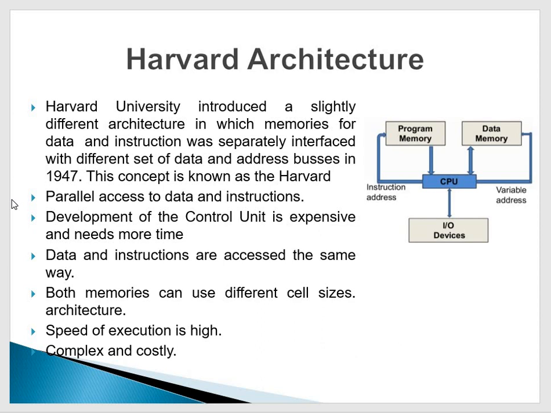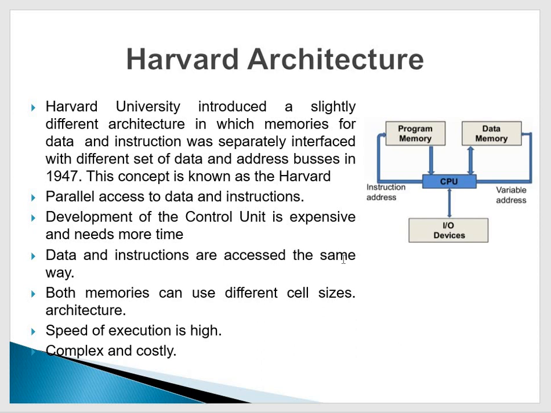That is why it requires extra circuitry, and the cost of that extra circuitry required to interface the two sets of address and data buses makes it expensive, and it also needs more time.